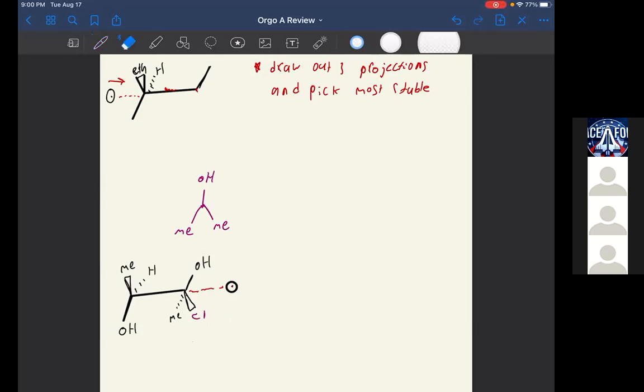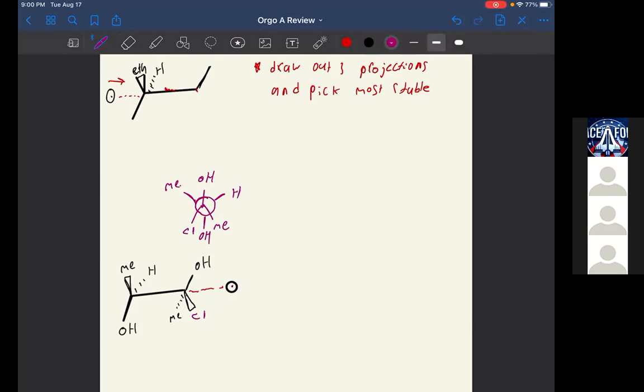So instead of it being on the right, it would actually be, and then you would have methyl. Or no, you'd have hydrogen. Then you would have methyl, and you would have OH down.